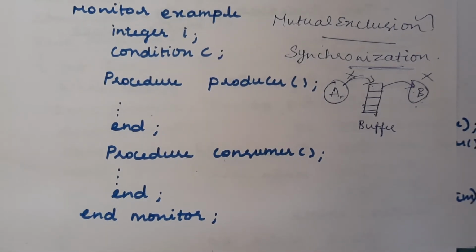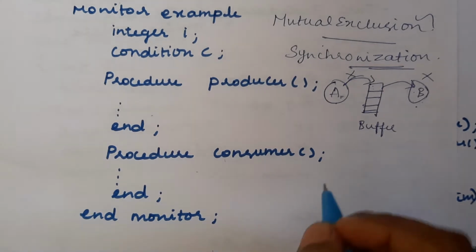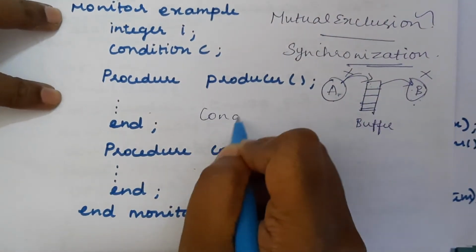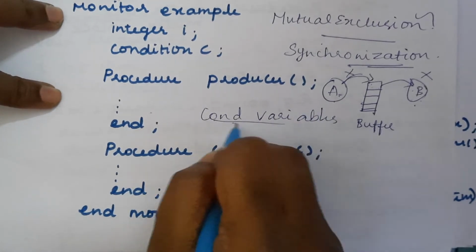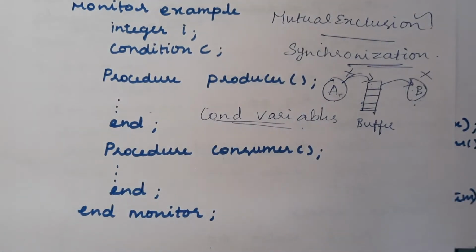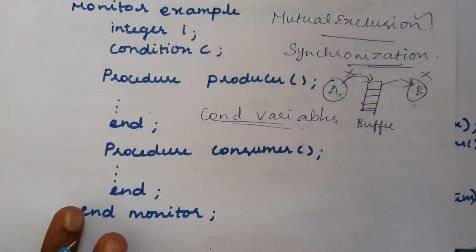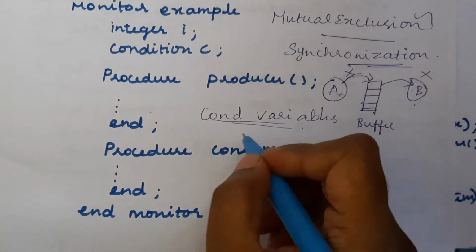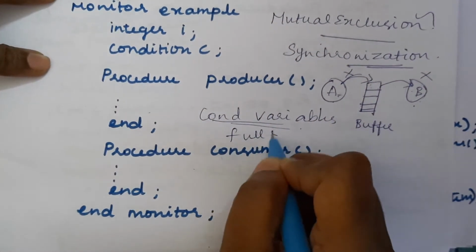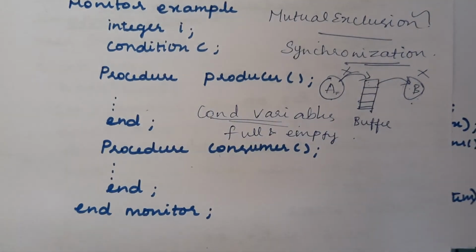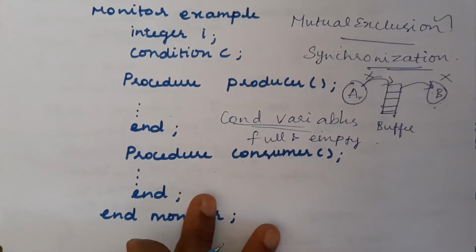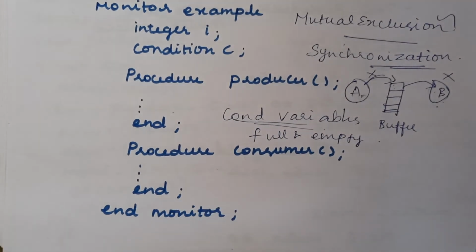For that we have to use a concept called the condition variable. In order to synchronize both processes, we use a variable called a condition variable. In this example we are using two variables: one is full and another is empty. Both of these are condition variables.